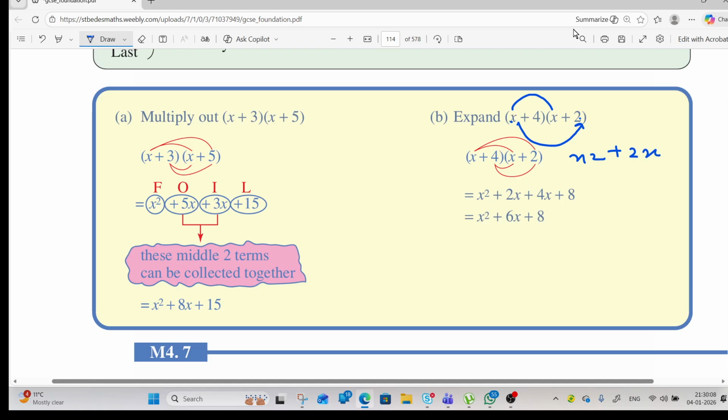Then we multiply inner terms, 4 times x is 4x. Then we multiply last terms, 4 times 2 is 8. So now we can add like terms. We got x square plus 2x plus 4x is 6x plus 8. And that's our answer.